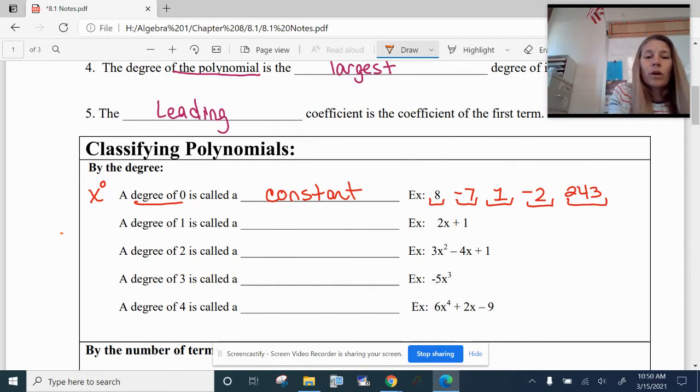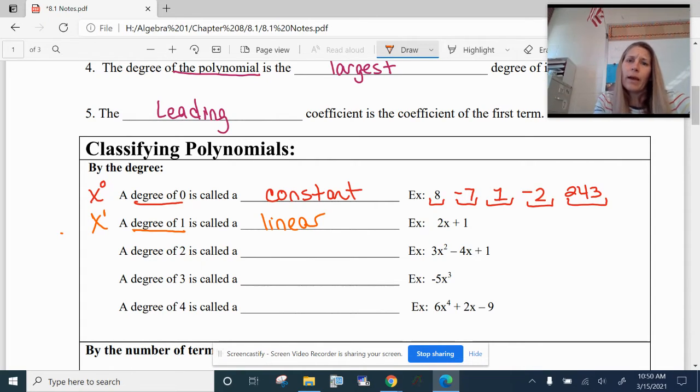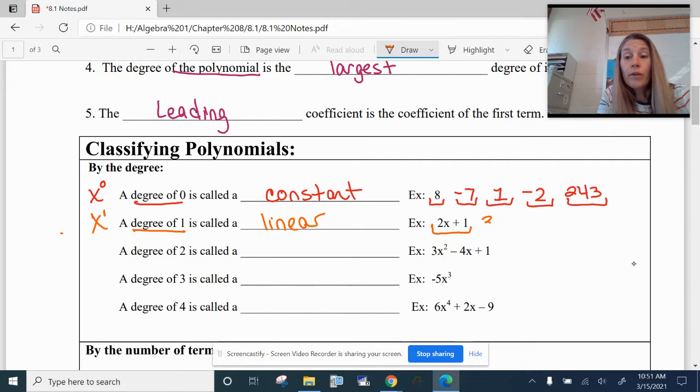So now when we talk about a degree of 1, this would be a linear polynomial, and that means that your x has a degree of 1, which we don't typically write. It's implied when we don't see it there. Now, it could be multiple terms, like 2x plus 1. That would be linear, but 3x would also be a linear term, or -x minus 2, or -4x.